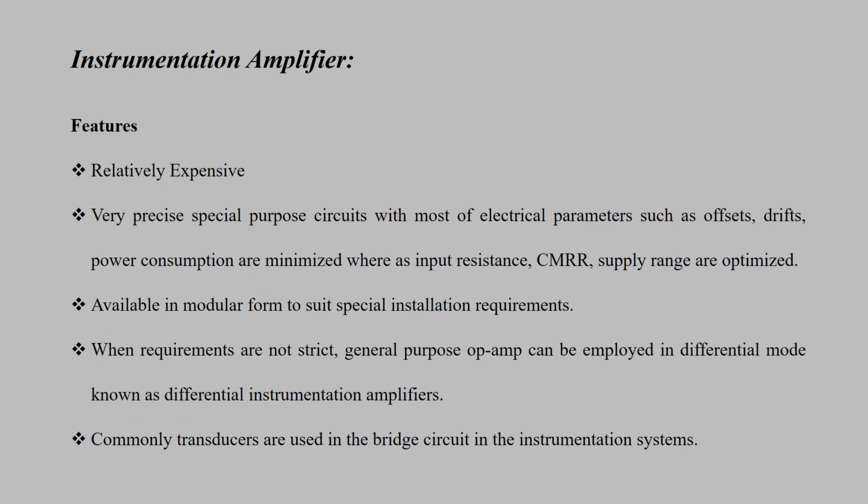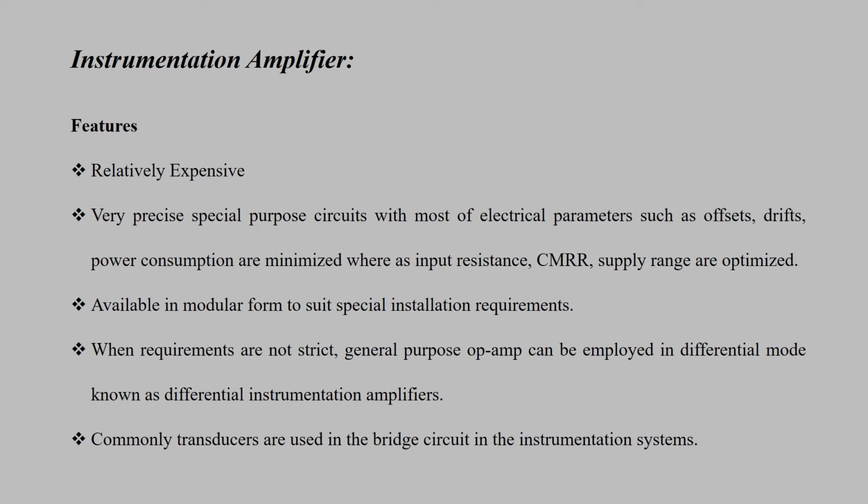The various features of instrumentation amplifiers are that they are relatively expensive compared to the earlier versions of operational amplifiers, but they have various advantages. They are very precise special purpose circuits with most of the electrical parameters such as offsets, drifts and power consumption minimized, whereas the input resistance, CMRR and supply range are optimized.